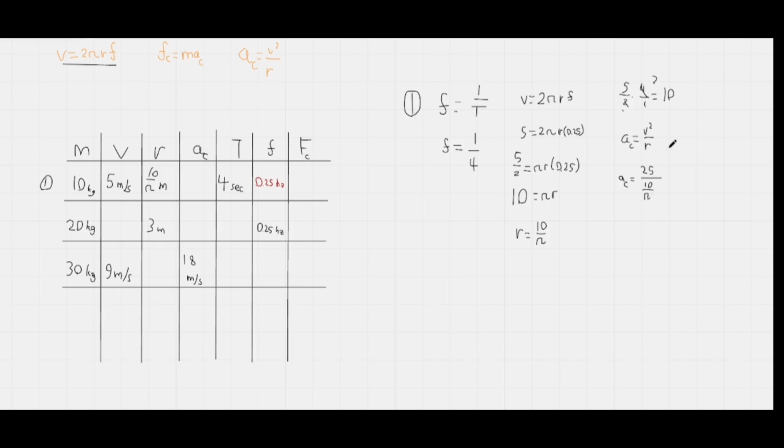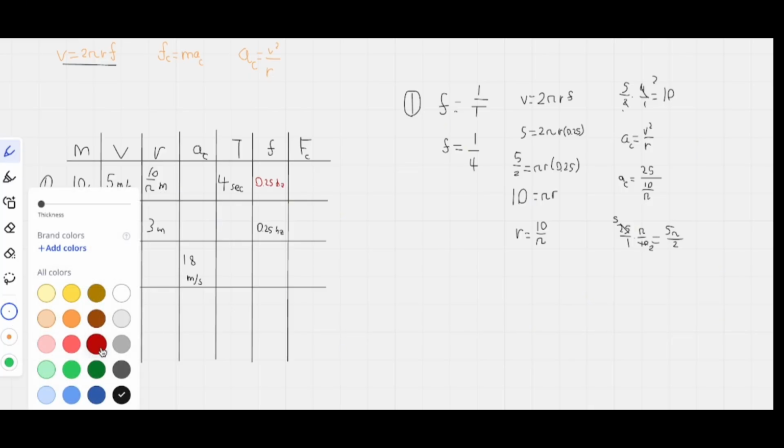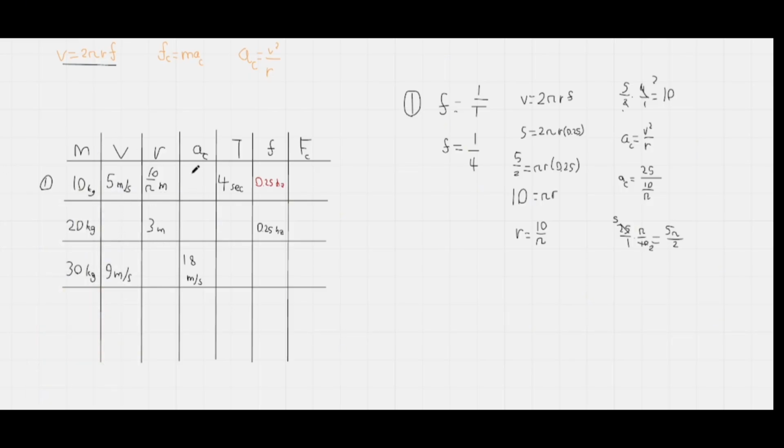And again, do the same thing, keep change flip, we get 25 over 1 times pi over 10. You can divide both sides by 5, you get 2 here, so it ends up being 5 pi over 2. So we can also now write that into our AC. So 5 pi over 2 meters per second squared.